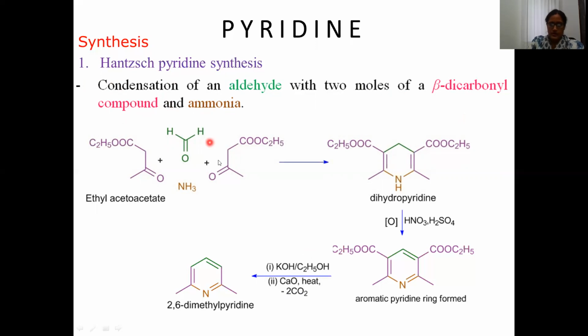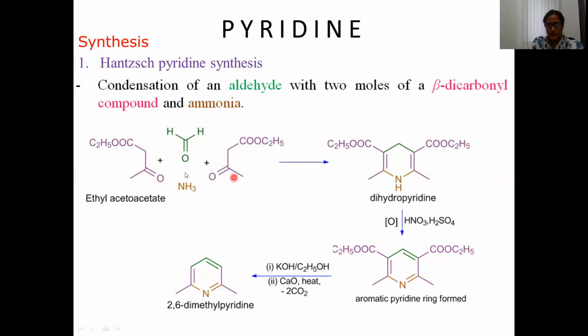So here, 1 aldehyde, 2 moles of beta dicarbonyl, and ammonia. Here 3 molecules are required: 2 beta dicarbonyl compounds, and 1 ammonia and aldehyde.